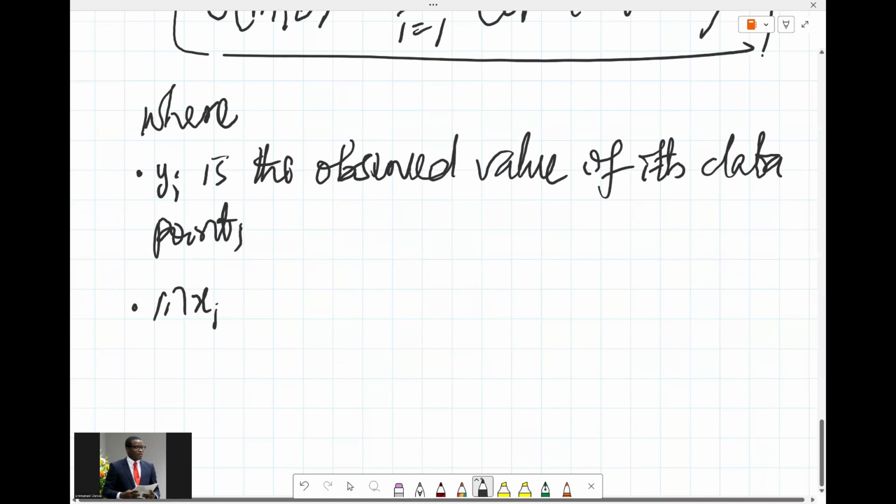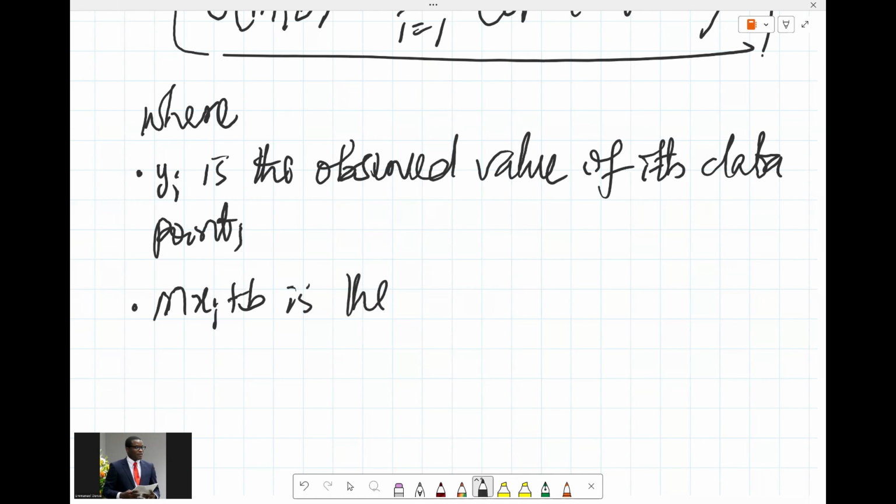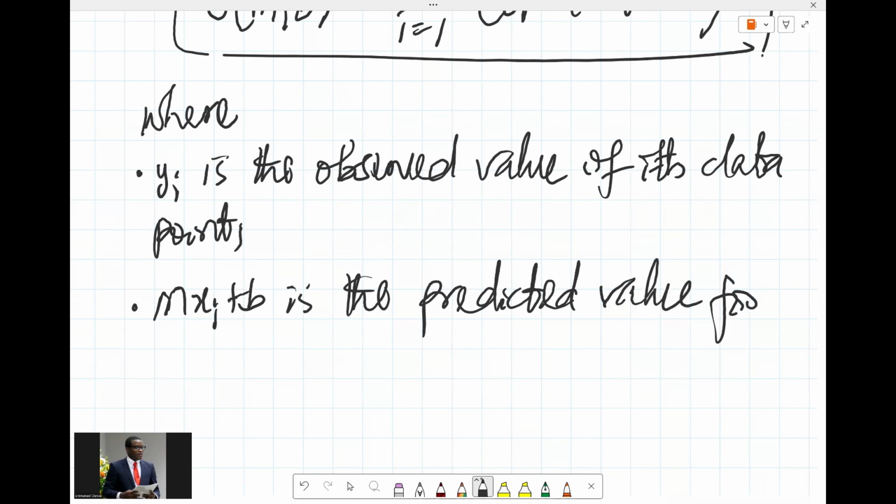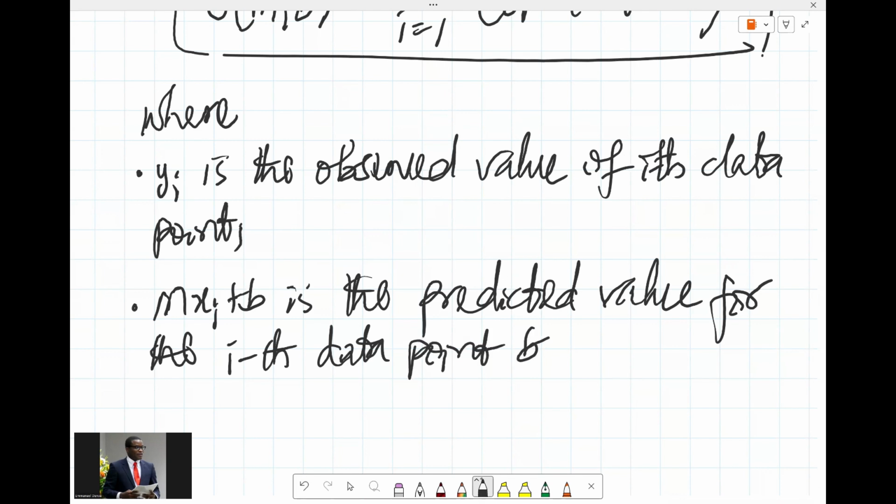Then mxi plus b is the predicted value for the ith data point based on the model.